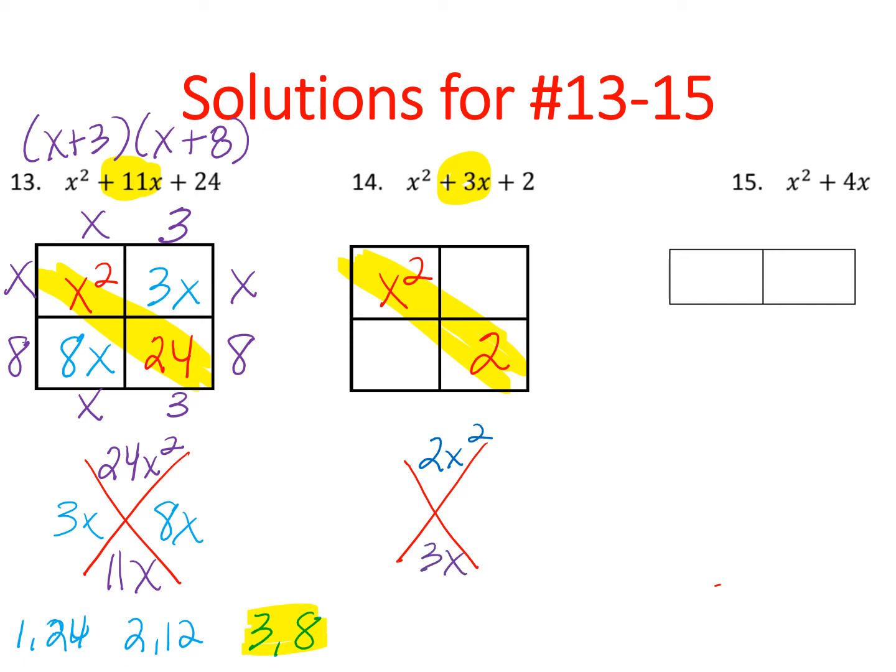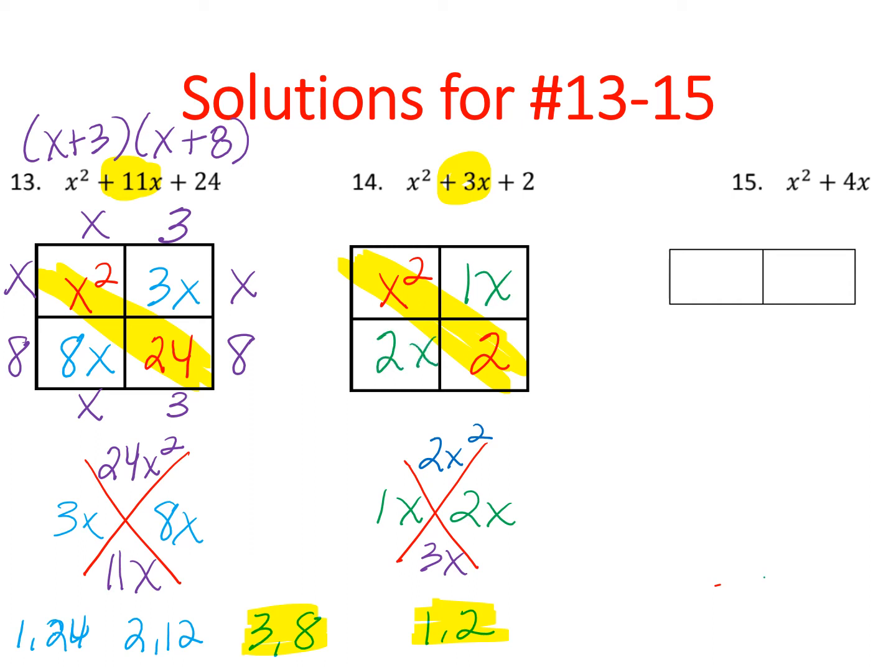And this is one of those, in my opinion, super easy ones, because we only have one option. If we're going to multiply to get a 2, our only option is 1 times 2. So that's our winner. So we're going to fill in our 1x and our 2x. Again, if you don't want to put the 1 in front of the x, that's fine. So 1x and 2x.